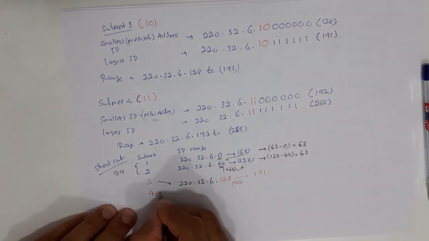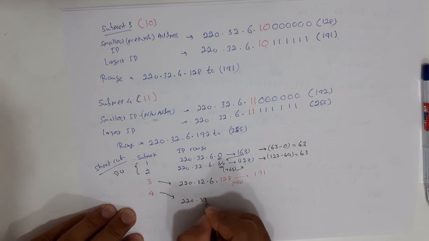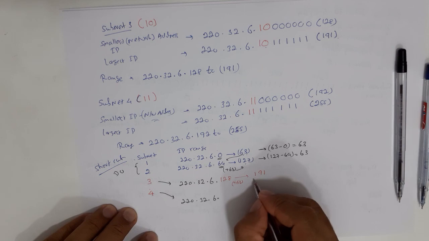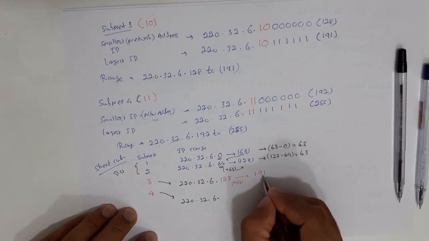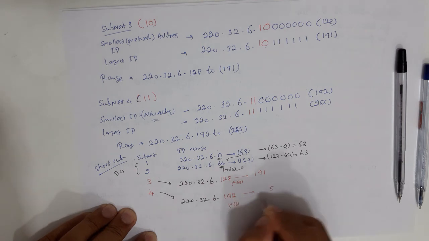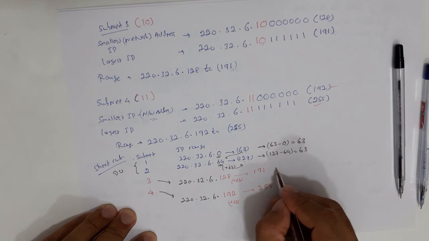Fine. Then the next subnetwork, 220.32.6. 1 added to the last IP of the previous, 191, becomes 192. How to get the last IP address of this one? Adding 63 to this. Then this becomes 255. So we got it.